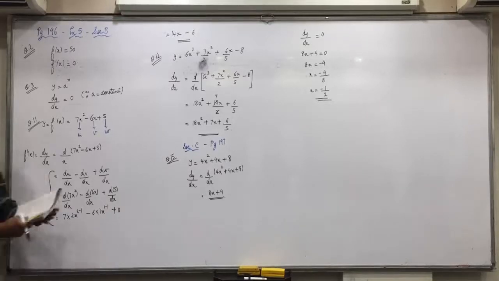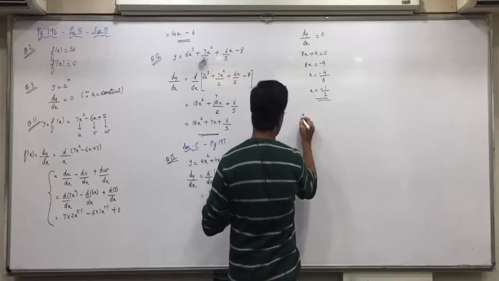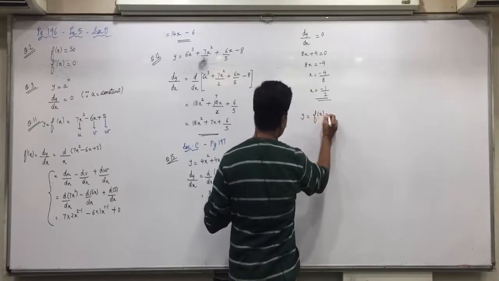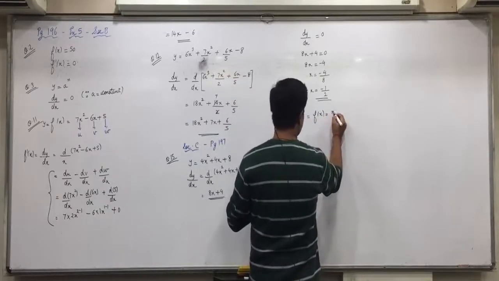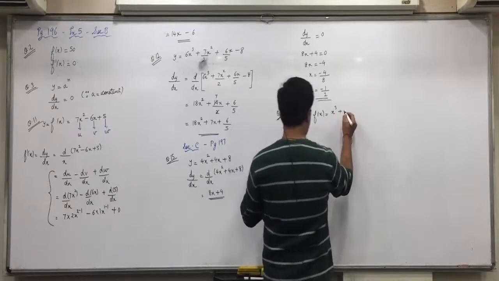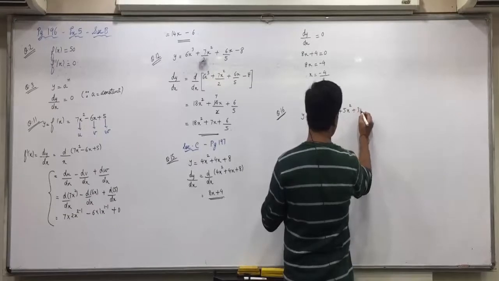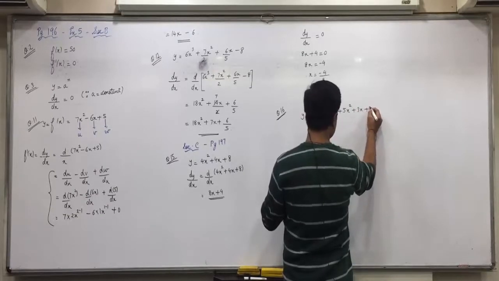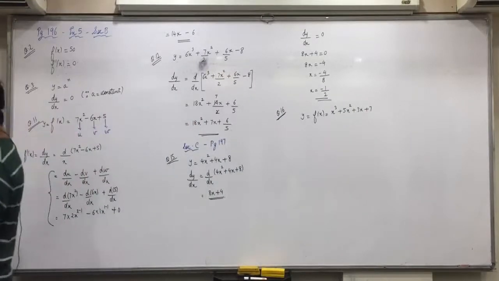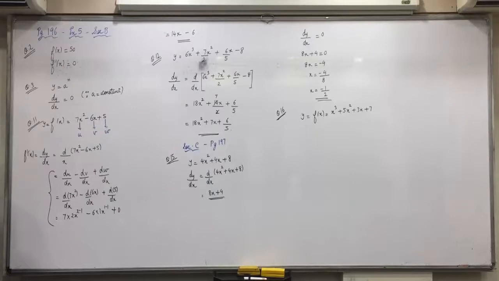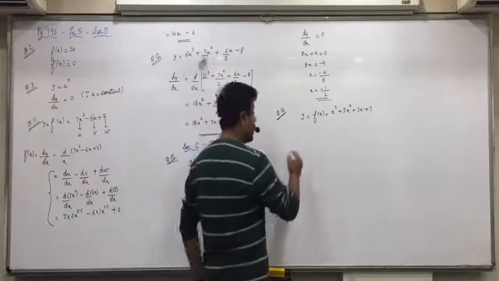If f(x) is equal to, whenever they say f(x), you always write y in the beginning so that confusion doesn't arise. So y equals f(x) equals x cube plus 5x square plus 3x plus 7. Then prove that f dash 2 is equal to 35. We have to simplify it and our answer must come 35. First of all, f dash x means we have to find dy by dx.